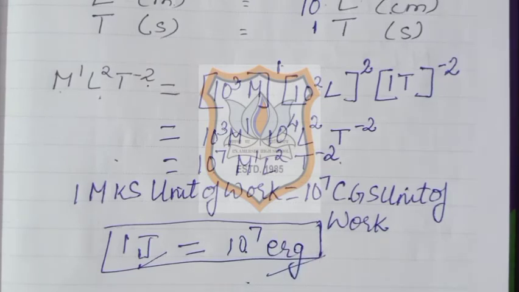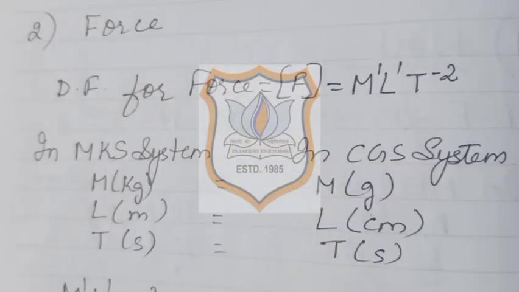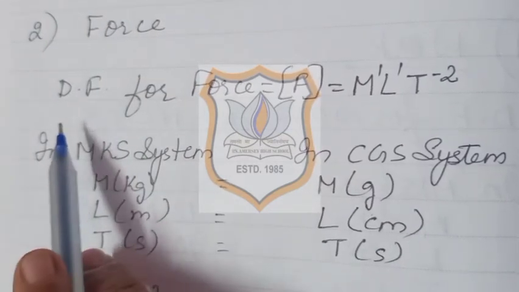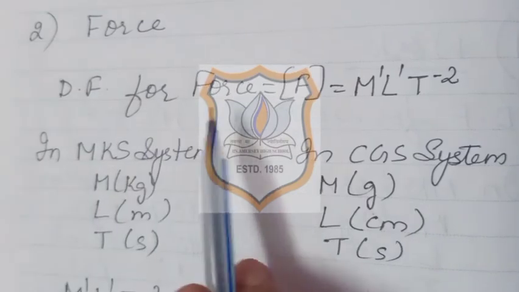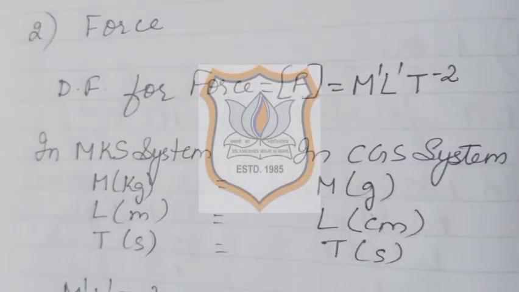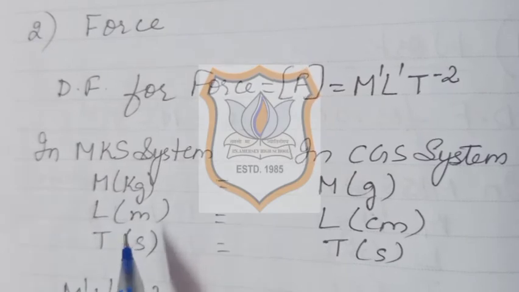Let us take another example and understand this concept in detail. See the next example, we can take force. Now what is the first step? Write the dimensional formula for force. So dimensional formula for force is M1 L1 T minus 2. Now what will be our second step?